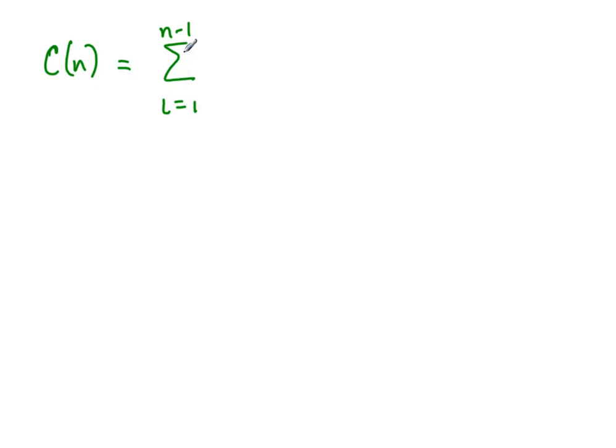So there are n minus 1 times we have to add up one basic operation. And if you think about this, this is just going to be n minus 1, because this is 1 plus 1 plus 1, n minus 1 times. And so therefore this algorithm is theta of n, because n minus 1 and n are related by theta, because in both directions you can find constant factors which keep them within each other.